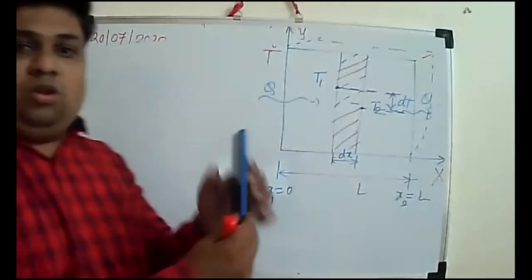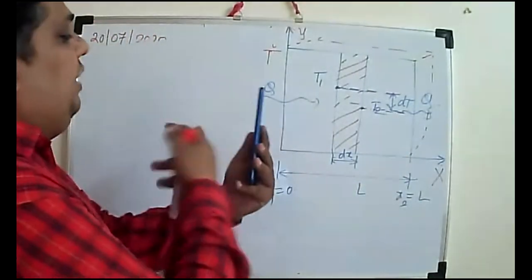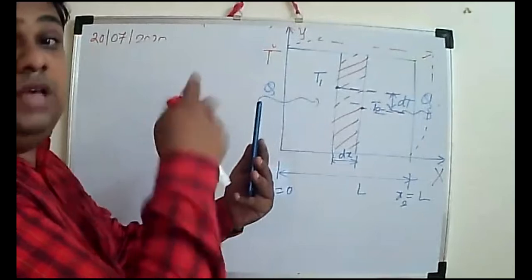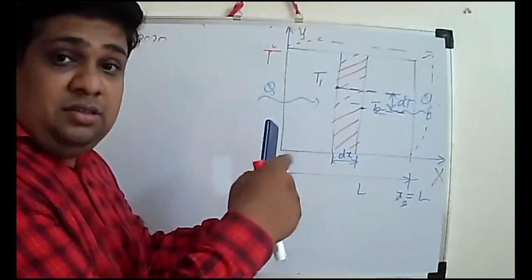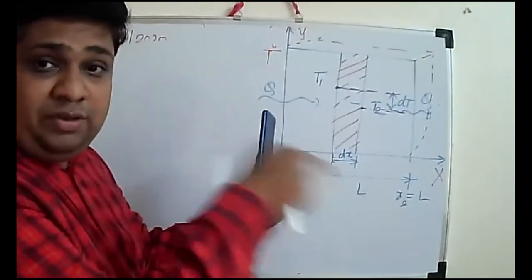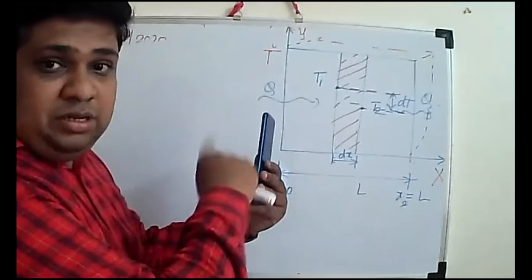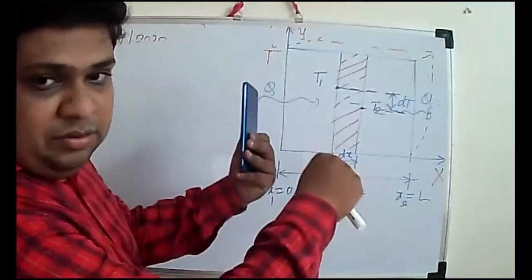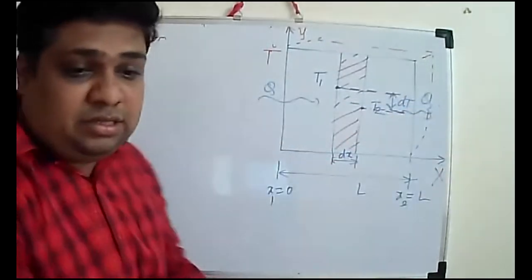Suppose this is the wall. The left side is higher temperature and the right side is lower temperature. So heat always flows from high temperature to low temperature, in the positive x direction.